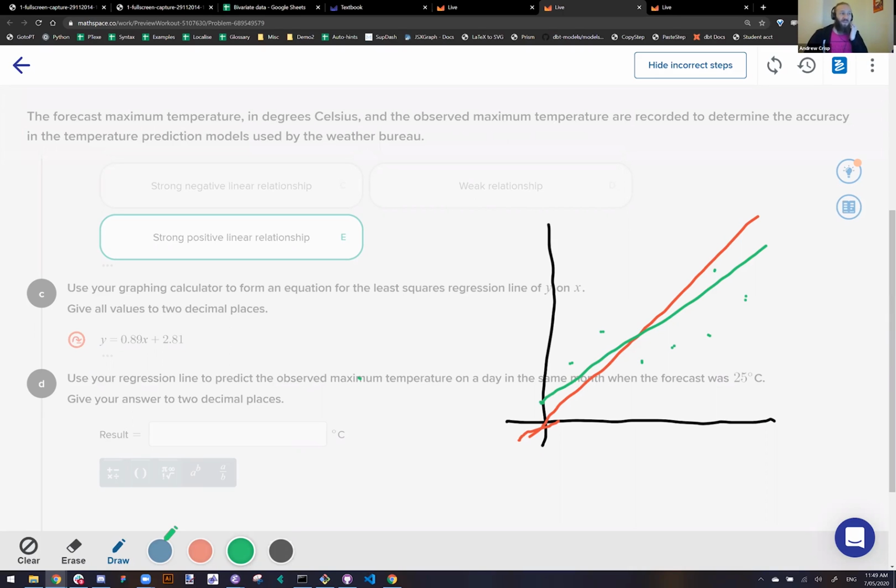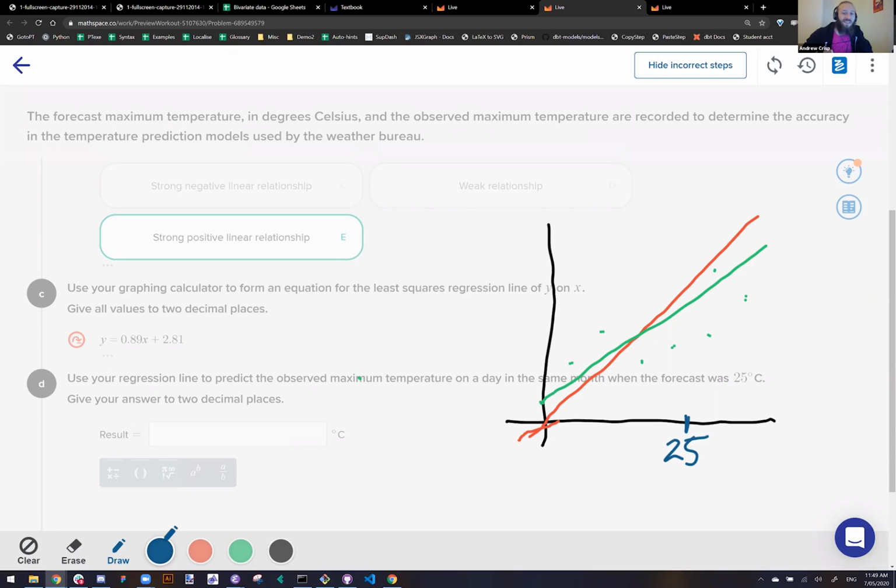So now we can make our own prediction. Oh yeah, weather people, you say it's going to be 27.2 degrees. Well, I'm going to correct for your bias, and I'm going to use this green line to fix it up. So they say it's 25 degrees. So here it's 25, say.